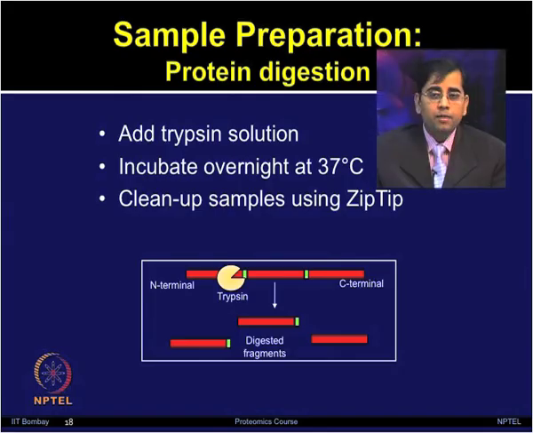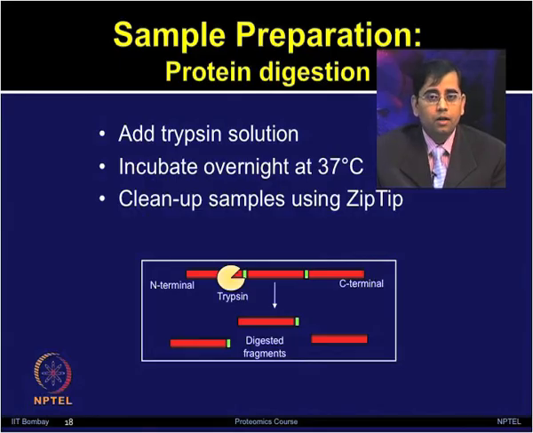Once reduction and cysteine blocking are done, protein digestion can be performed. Add trypsin solution and incubate overnight at 37 degrees, so that these proteins can be digested into peptides. You may have discussed this briefly in the previous module when we talked about in-gel digestion for gel based proteomics. Similar concepts apply here, but this one is in-solution digestion.